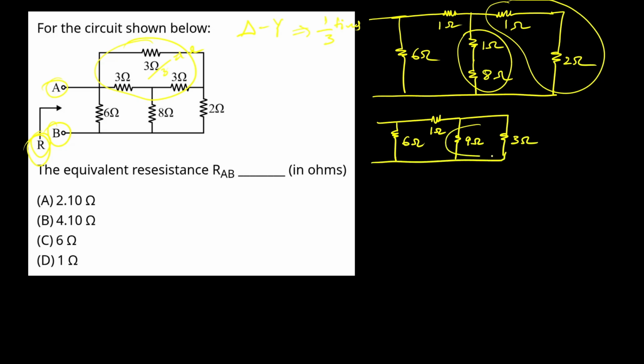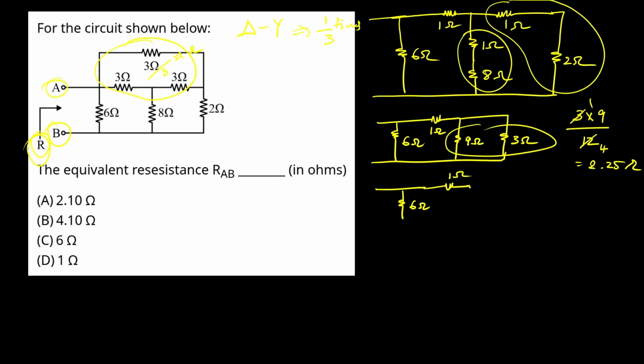So these are in parallel. So 3 nines are 9 by 3 plus 9 equal to 12, so 3 nines are 4s, equal to 9 by 4, equal to 2.25 ohms. So the circuit would look something like this: 6 ohms, 1 ohm, 2.25 ohms.